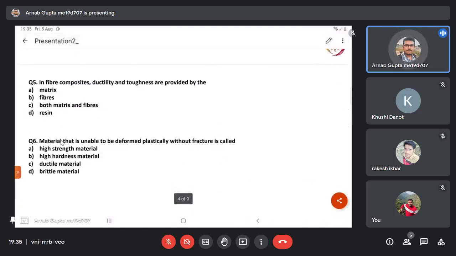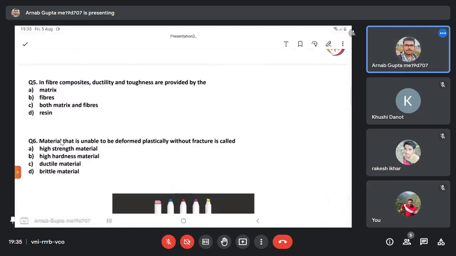Yeah, what will be the answer here? So in a fiber matrix composite, you have a matrix and you have fibers laid on top of it. It can be in different orientations like this, or a combination of horizontal and vertical like that.